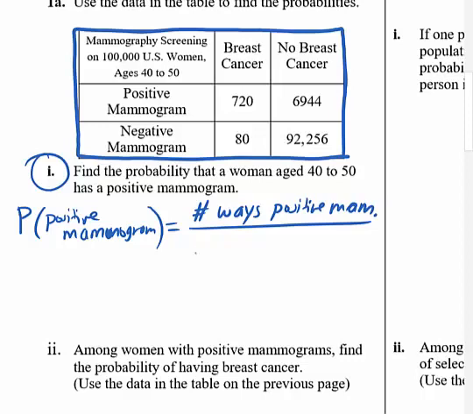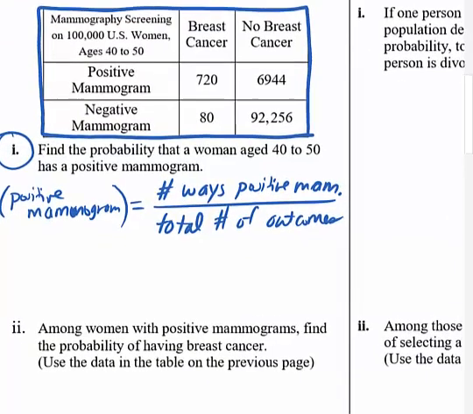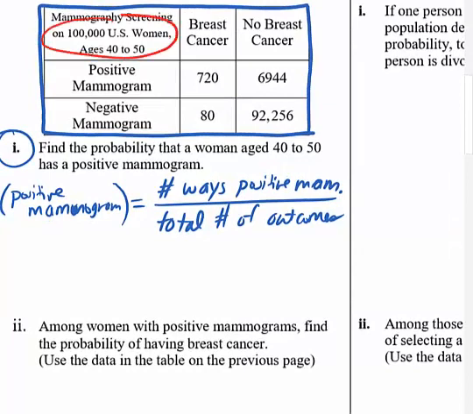And then the denominator always is the total number of outcomes. So I just have to look in that table and think about it. Positive mammogram. Okay. Looks like the way this table is set up, there are 100,000 women that were surveyed here.